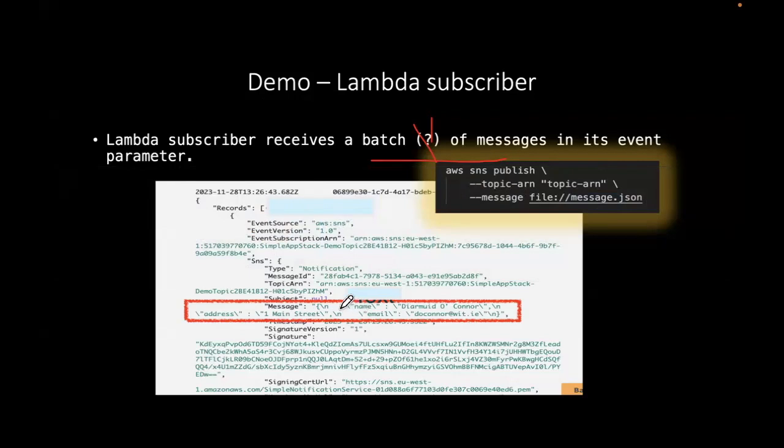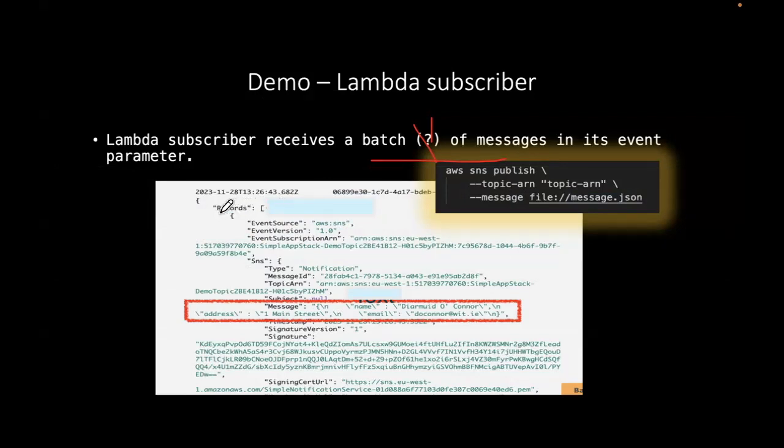And as with SQS, the message is serialized, so your Lambda would need to parse the actual message. But the main point I want to make from this slide is that, from the Lambda subscriber's perspective, you've got to assume that it's an array of messages that you're receiving.